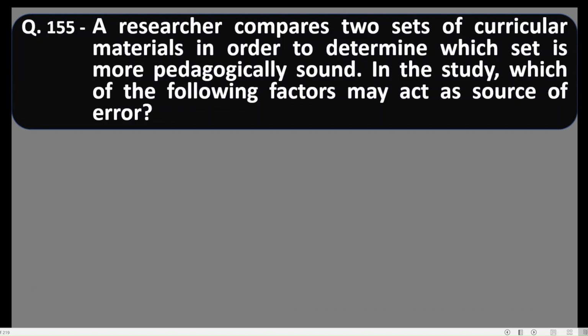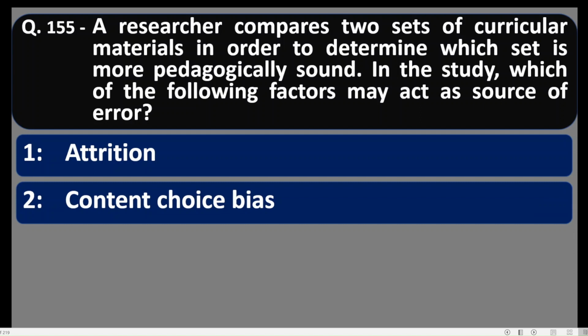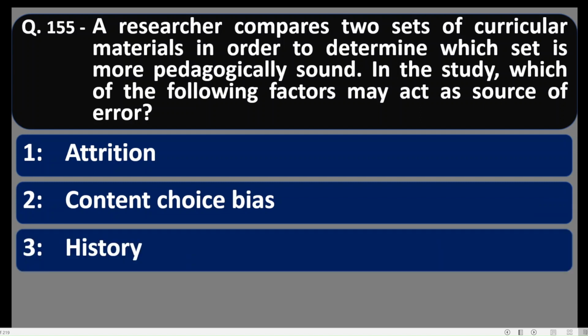Question 155. A researcher compares two sets of curricular materials in order to determine which set is more pedagogically sound. In the study, which of the following factors may act as a source of error? Let us see the options. Attrition, number 1. Number 2, content choice bias. Number 3, history.